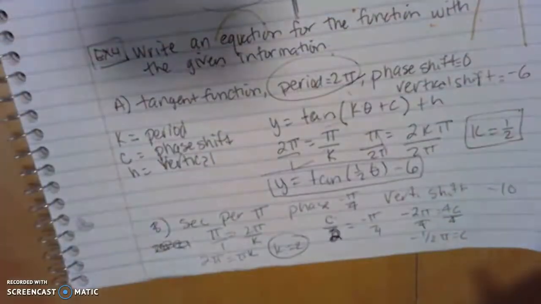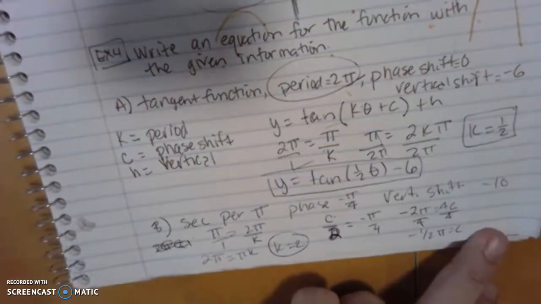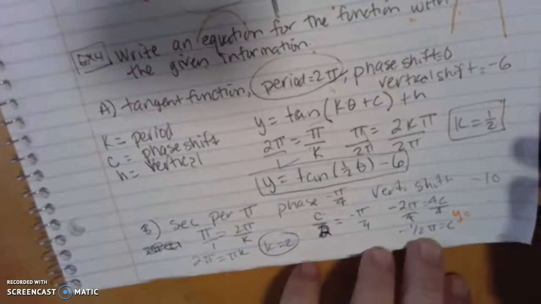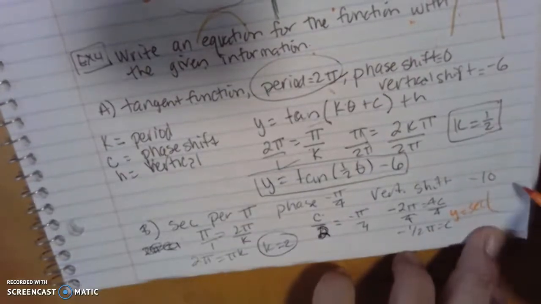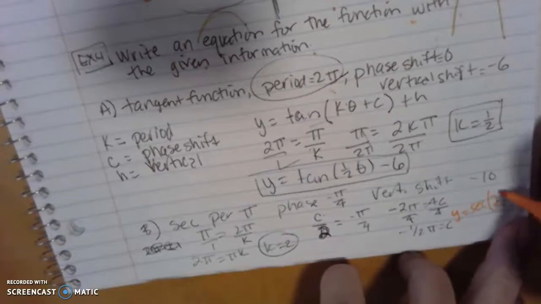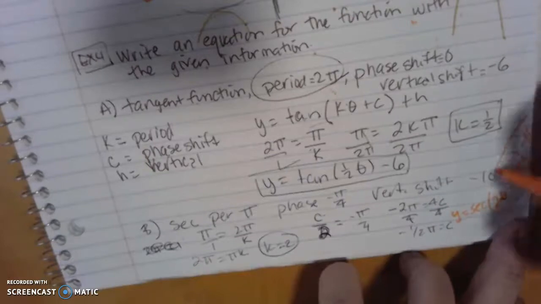So I get -1/2 pi equals c. And then the last thing is the vertical shift is -10. So my equation is y equals secant of k, which was 2 theta, minus 1/2 pi, my c, minus 10.